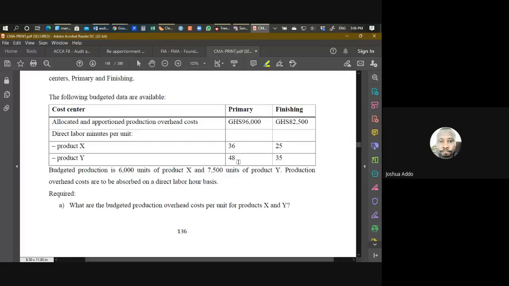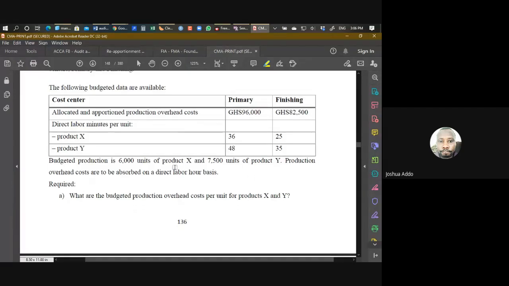Product Y takes 48 minutes in primary department and 35 minutes in finishing department. Budgeted production is 6,000 units for product X and 7,500 units for product Y. Production overhead costs are to be absorbed on direct labor hour basis. Required: what are the budgeted production overhead costs per unit for products X and Y?